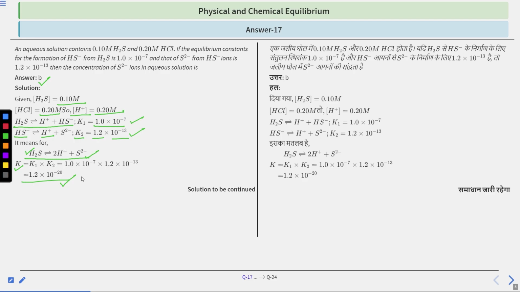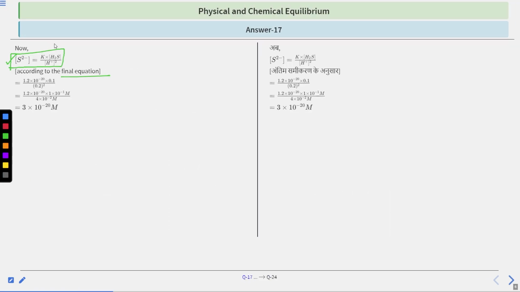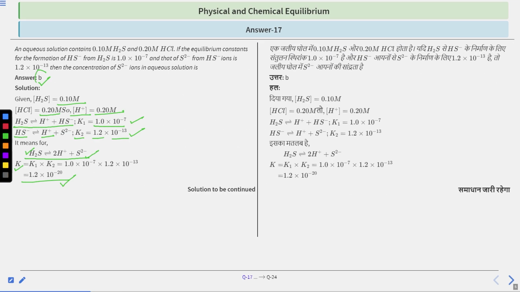Interchanging to get the S2 negative concentration, it equals K multiplied by H2S divided by H positive squared. On putting the values, K is 1.2 into 10 to the power minus 20, H2S is 0.1 molar, and H positive is 0.2 molar squared. On solving, the concentration of S2 negative ion is 3 into 10 to the power minus 20 molar. So option B is the correct answer for this question.